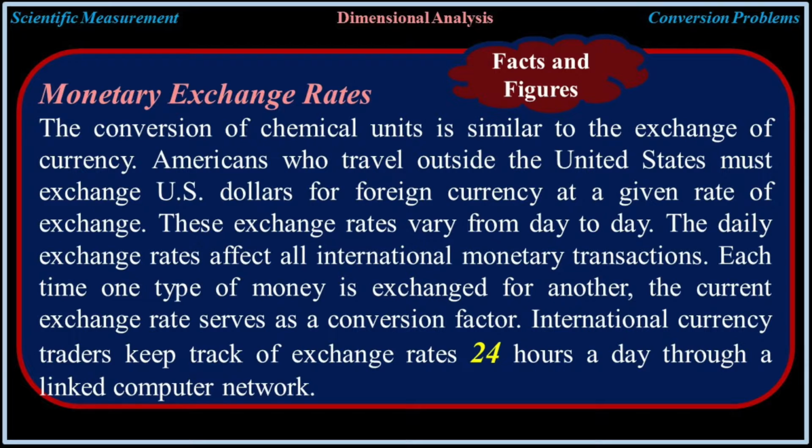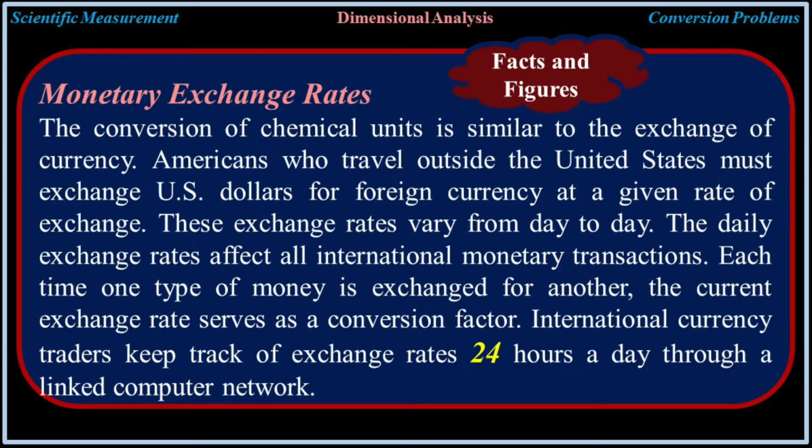Monetary exchange rates. The conversion of chemical units is similar to the exchange of currency. Americans who travel outside the United States must exchange US dollars for foreign currency at a given rate of exchange. These exchange rates vary from day to day. The daily exchange rates affect all international monetary transactions.